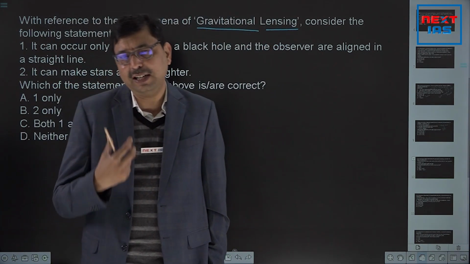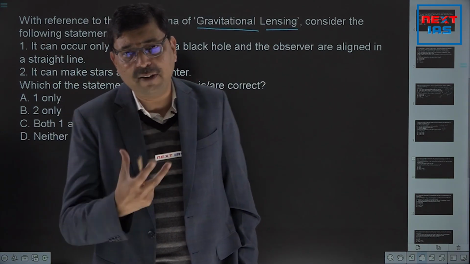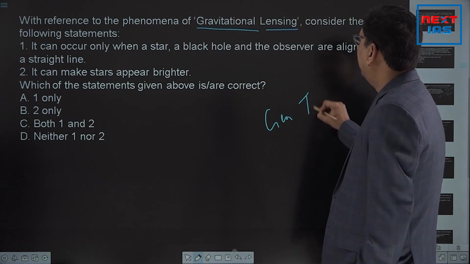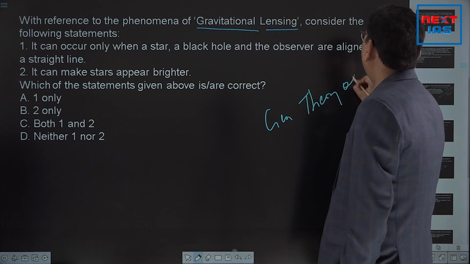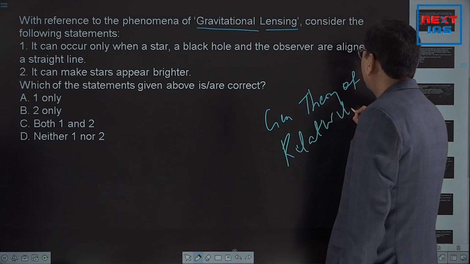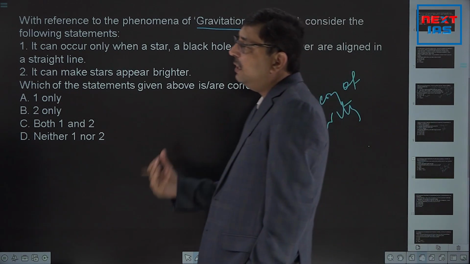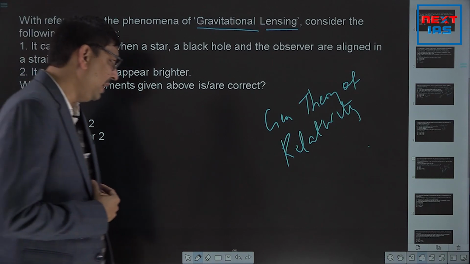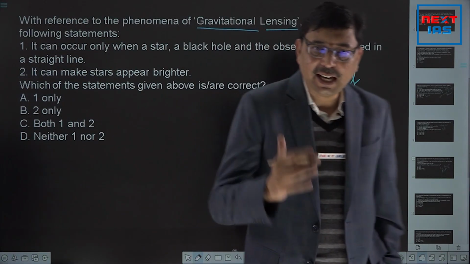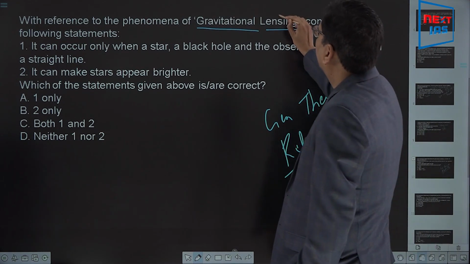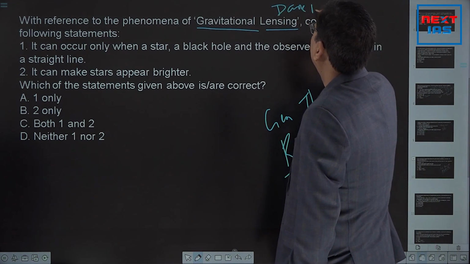Basically, gravitational lensing is one of the very strong evidence in support of the general theory of relativity of Albert Einstein, which talks about gravitation and all these things. And this gravitational lensing you will find in relation to dark matter also.